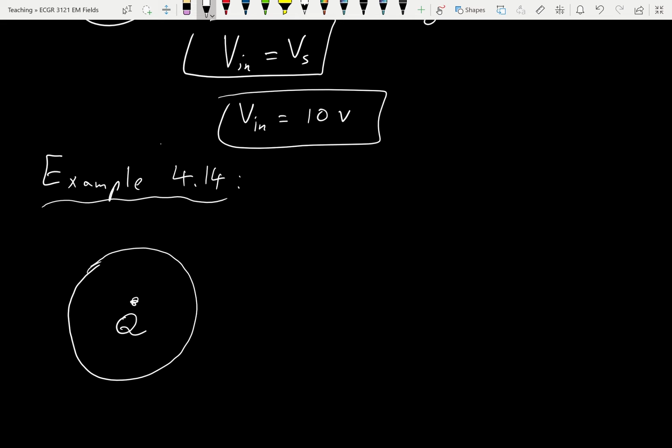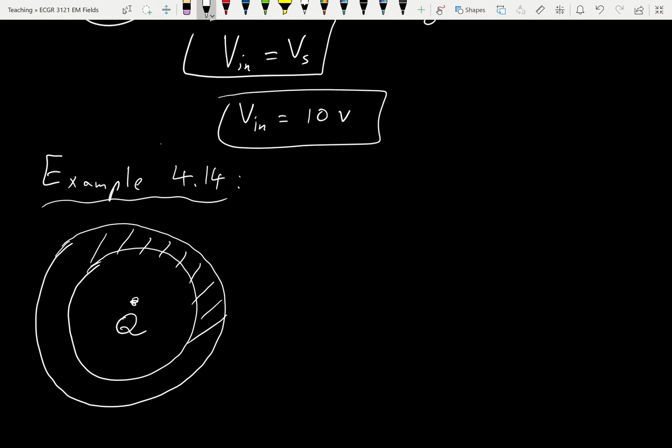Okay. So this is a shell of a conductor. This is empty space here, and this is empty space, and this is a conductor. So it's like a shell that has a certain thickness around the point charge. The inner shell is at a distance a, the outer shell is at a distance b.